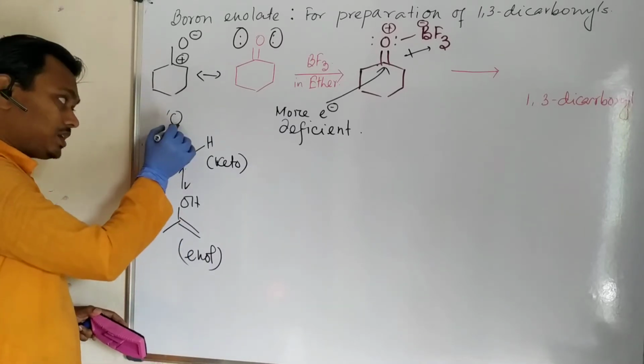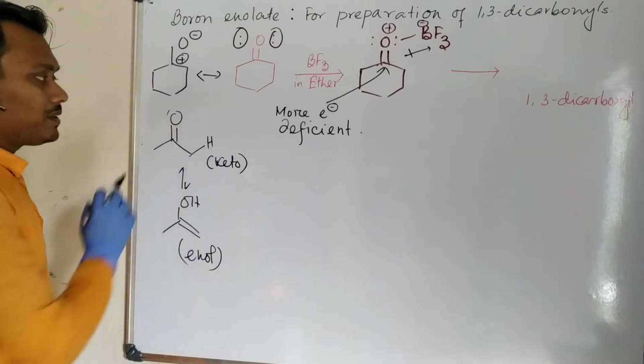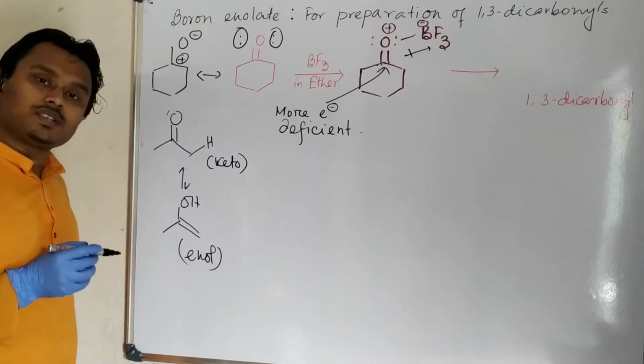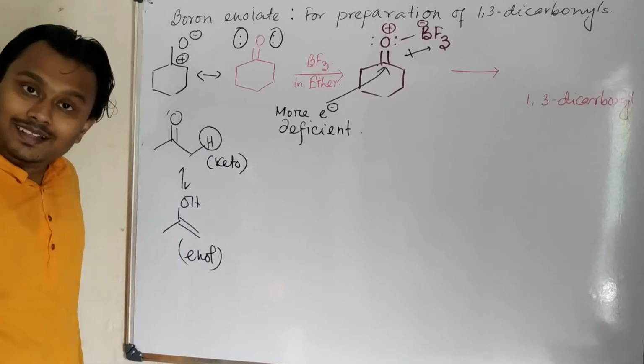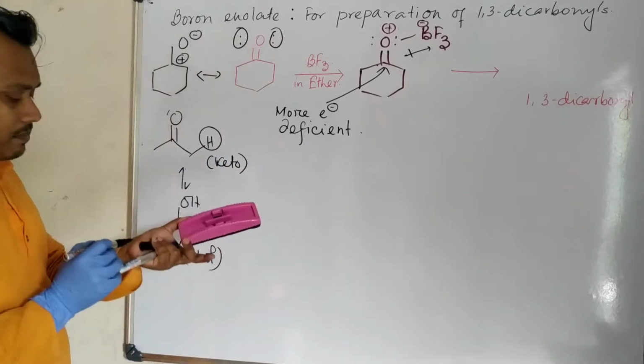So overall, the carbonyl C=O is more stable than the C=C bond. So it prefers to remain on the keto side. But if we increase the electron deficiency of oxygen, consequently the acidity of this will be enhanced and the probability of ionization will increase, and that is exactly what is happening in this case.